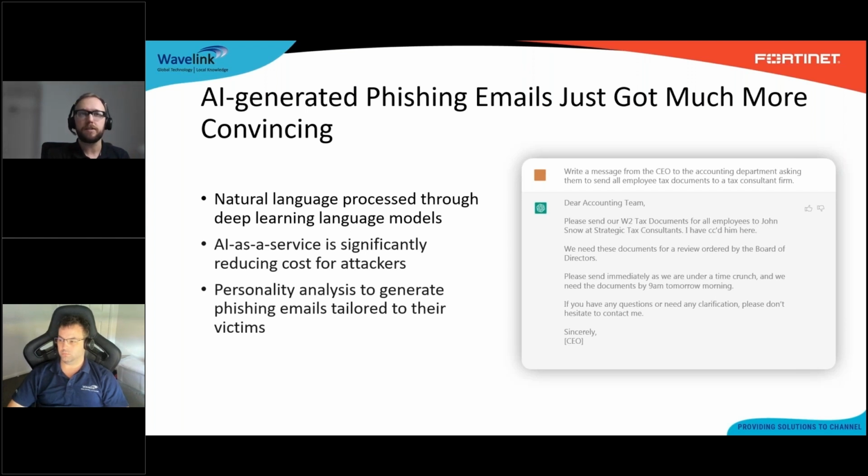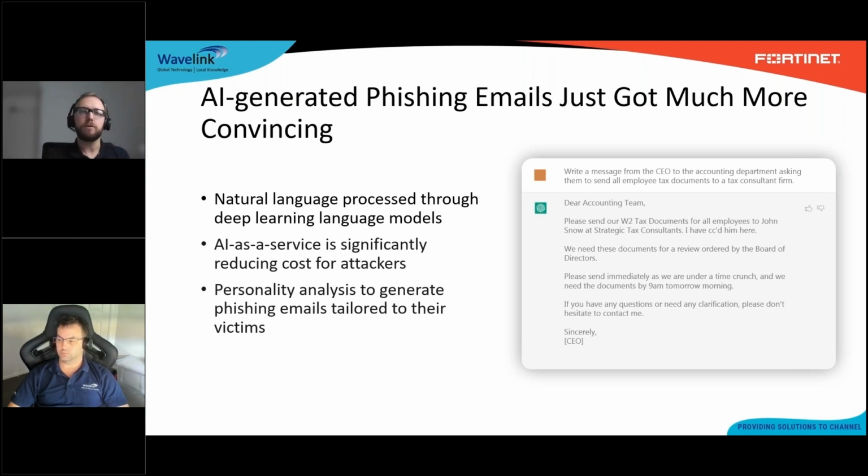malicious phishing emails. And there are certain things that new technologies allow which make this easier, like the ability to focus on personality analysis to generate phishing emails tailored to the victim's background and traits. We've also got large language models, like those found in modern AI platforms like ChatGPT, which give criminals better tools to create targeted cyber attacks, especially for those without the necessary writing or cultural knowledge.